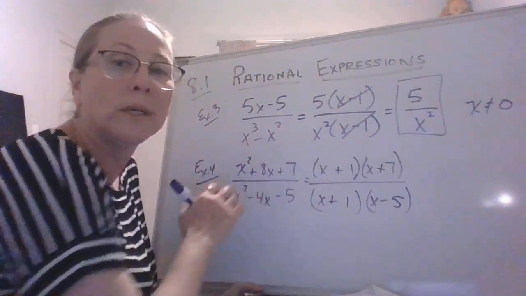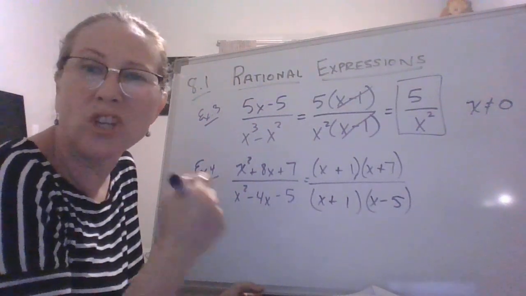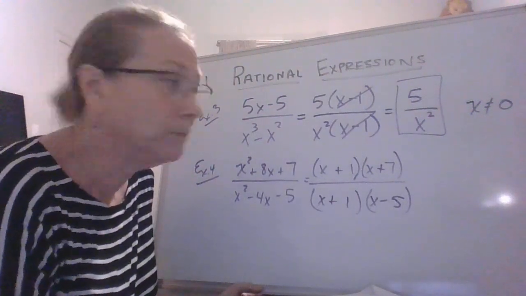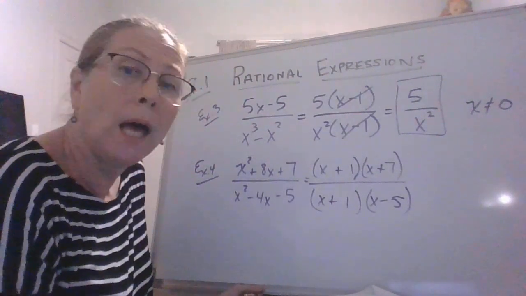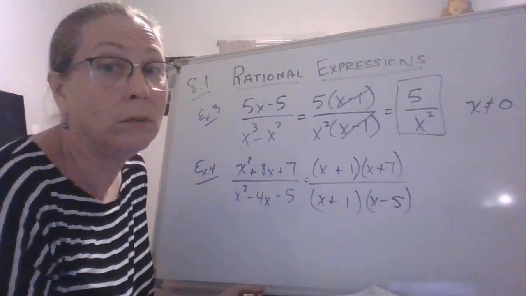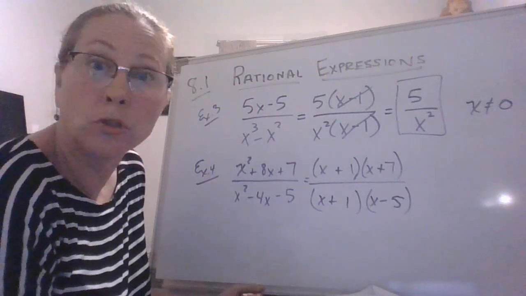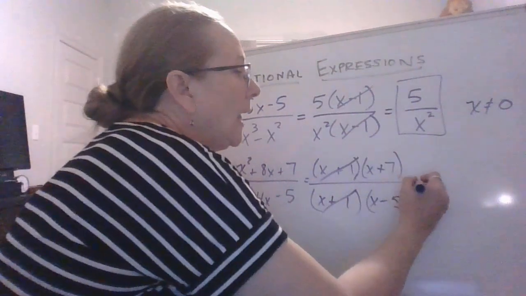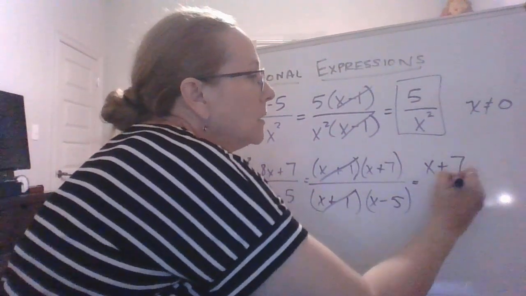And -5 times 1 gives us -5. Always check and recheck, because it gets a little frustrating when you factor something incorrectly. Now, usually you have a matching factor. So if you don't have a matching factor, try it again. Here we have a matching factor of x plus 1. And we're done simplifying.